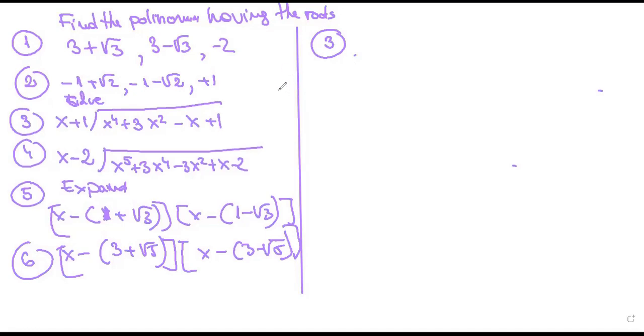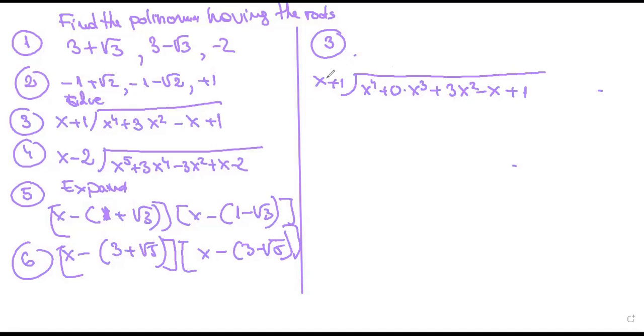Okay. So we have x plus 1 and x to the power of 4 plus 0 times x to the power of 3 plus 3x squared minus x plus 1.